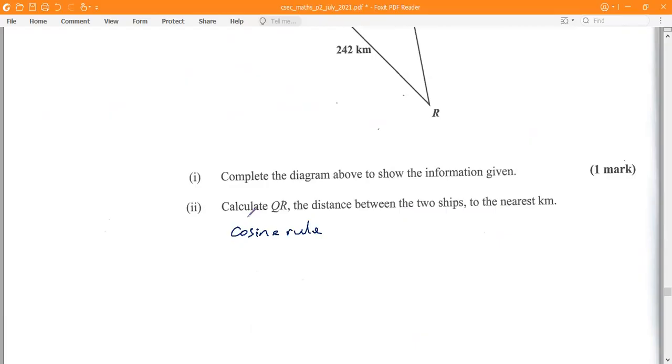to find QR. So we're going to call QR A, and say A squared equals B squared plus C squared minus 2BC cosine A. Now we're going to substitute values for B and C. Let's say B is 242, so 242 squared plus C is 175 squared.